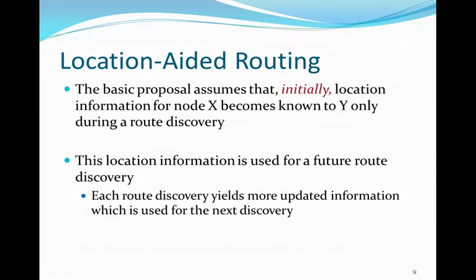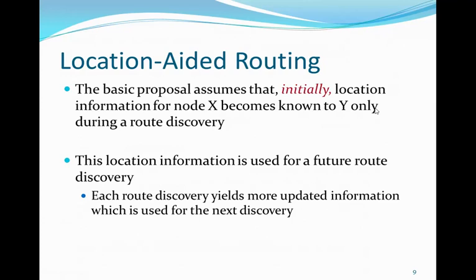So the basic proposal in location-aided routing initially says that location information for node X becomes known to Y only during the discovery time or the discovery process. Therefore, the location information is used for future route discovery as well.